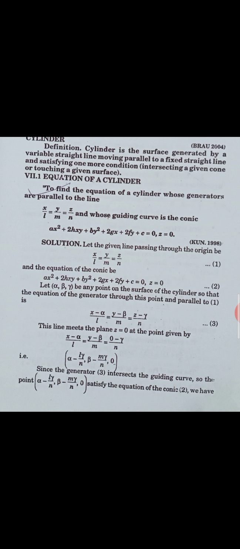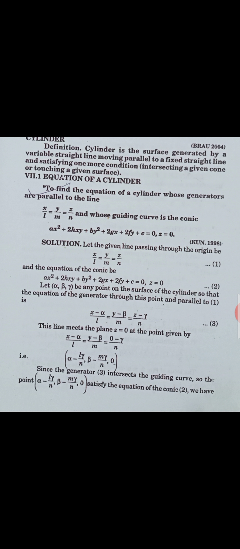To find the equation of a cylinder whose generators are parallel to the line x/l = y/m = z/n, and whose guiding curve is the conic ax² + 2hxy + by² + 2gx + 2fy + c = 0, z = 0.